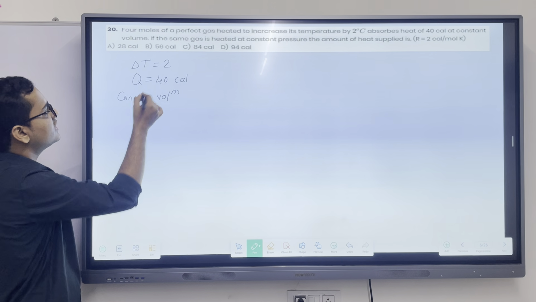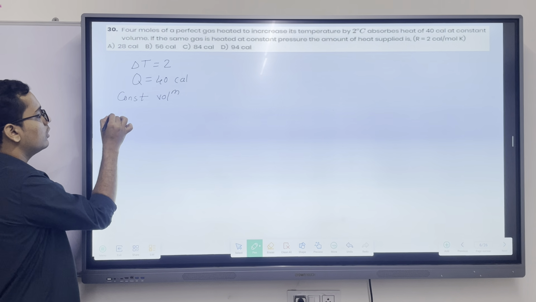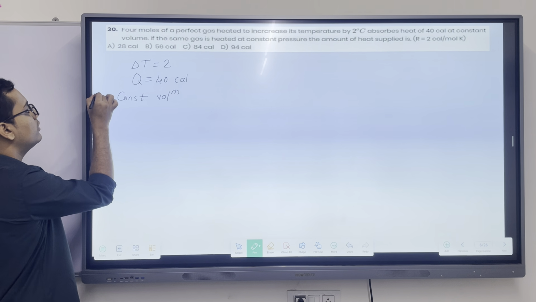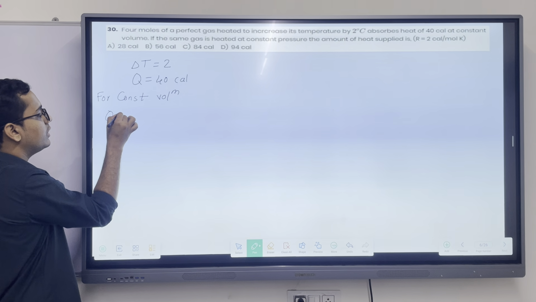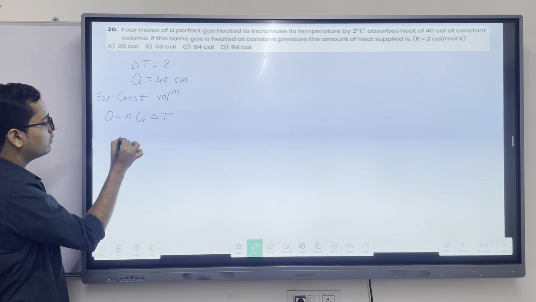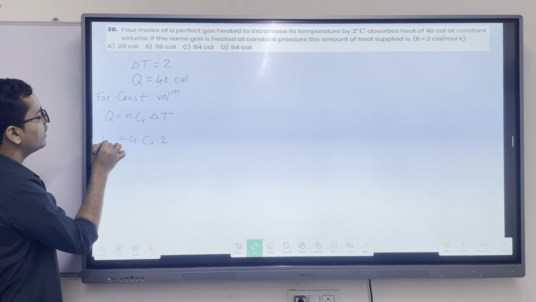This is a typical thermodynamics question. Obviously for constant volume, can I write Q is equal to n Cv delta T? 4 moles, Cv is unknown, delta T is 2, and Q is 40.